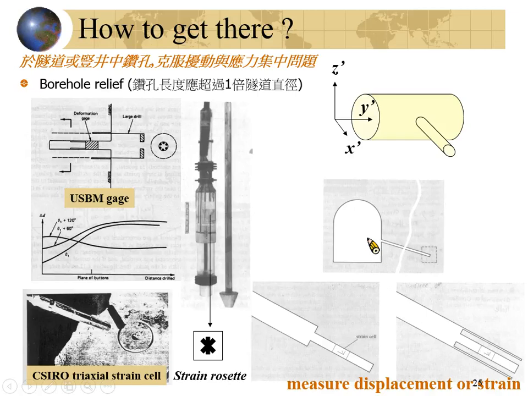After you fix it here and confirm it is tightly attached to the surrounding rock, I drill in a borehole like this. Then the stress here will be released, and the sensor will start to measure the deformation of the rocks. So we can calculate the in situ stress. Understand?